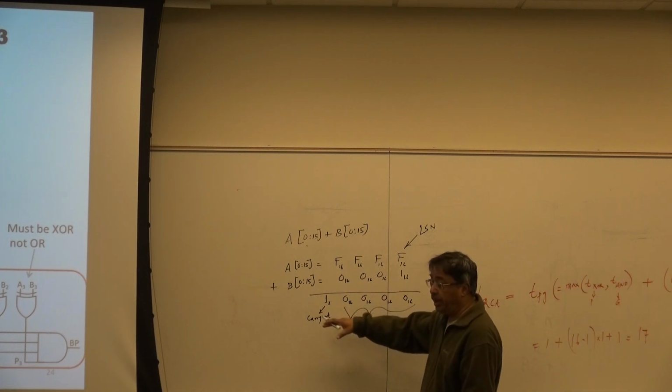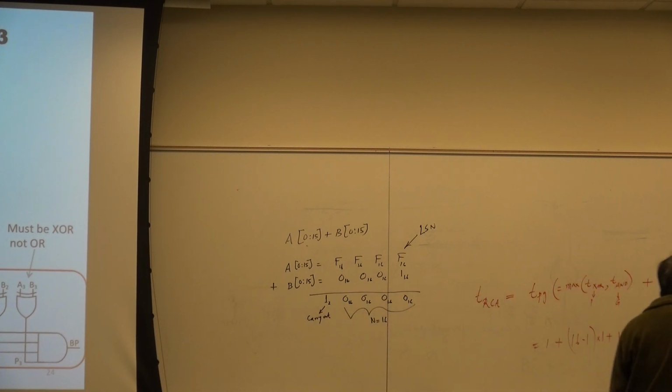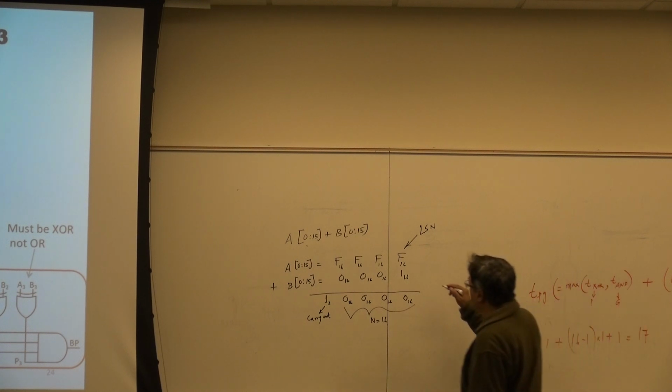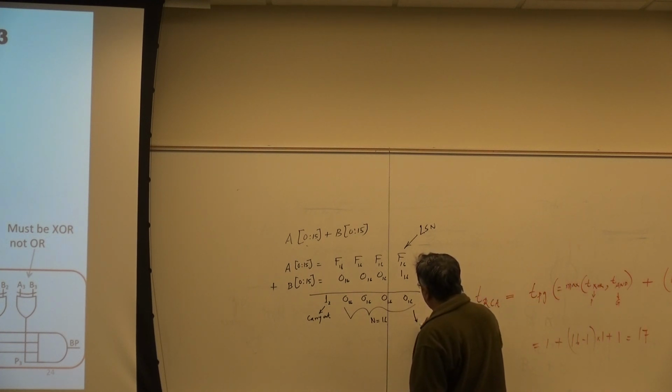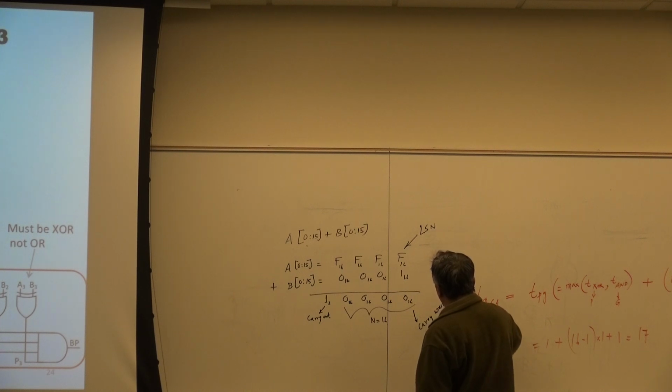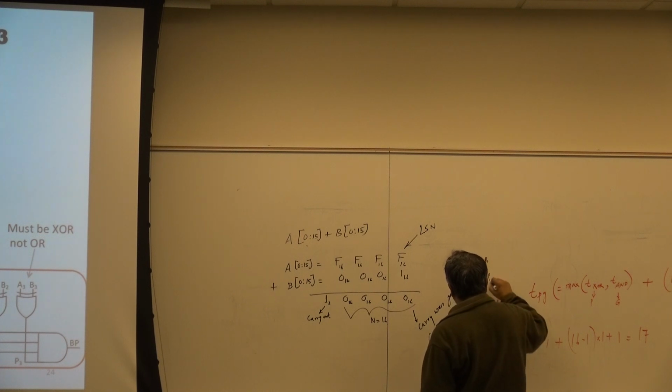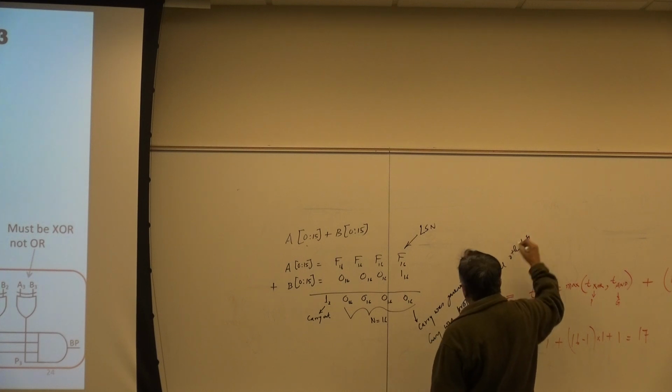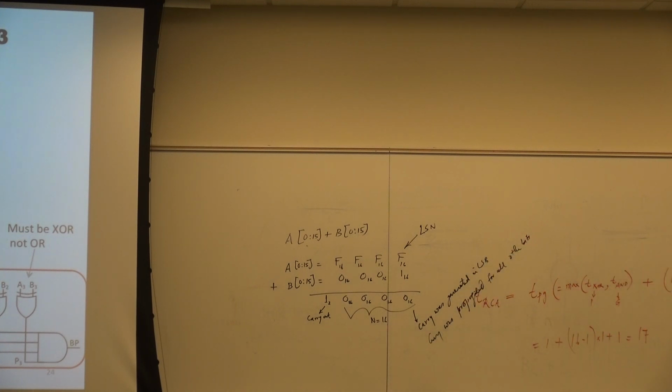Instead of delay propagating through this, I see that the carry was generated in the LSB and carry was propagated for all other bits. So this is the worst case example.